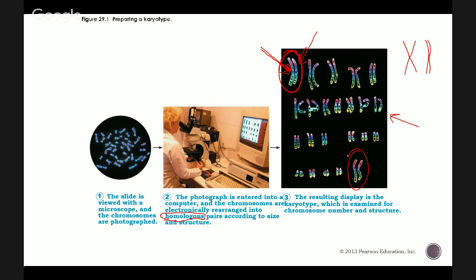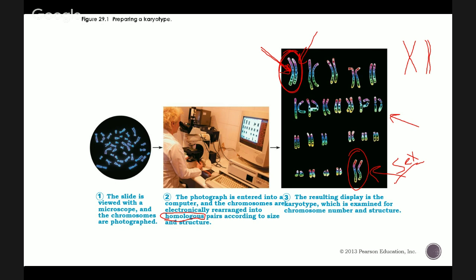But the 23rd pair is a little bit different. These are called sex chromosomes, and the reason they're called that is because the person's gender is determined by the chromosomes in this last pair.